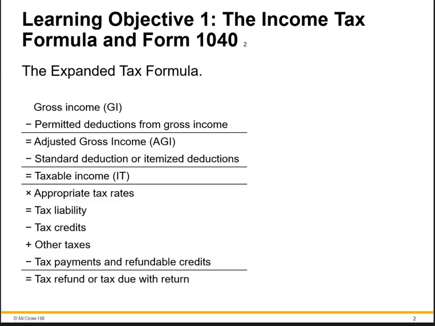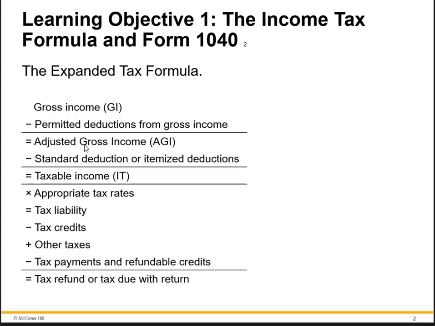Okay, so this is our expanded tax formula. Remember, we had gross income minus permitted deductions in Chapter 1. Now we've split that into two, and we've put a subtotal in here, so certain deductions are above the line, literally above the line, permitted deductions from gross income.